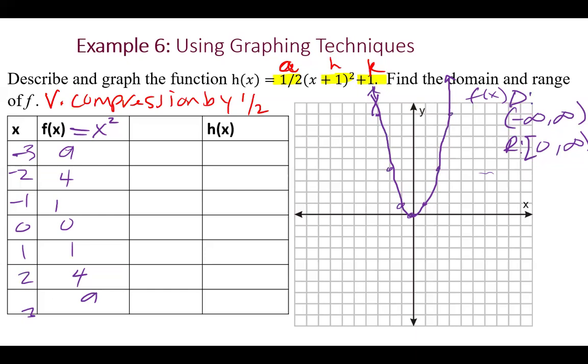Okay, because our h is +1, we know that this is what's happening. We're shifting to the left 1 unit. 1 unit left. Because our k is a +1, we know we're doing what? 1 unit up.